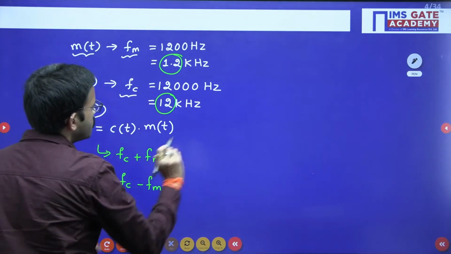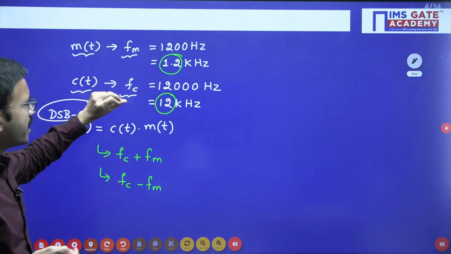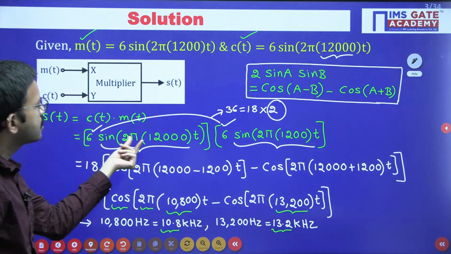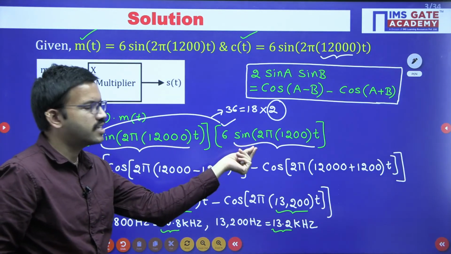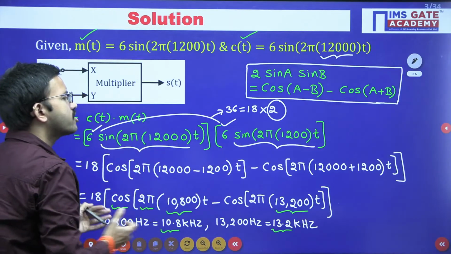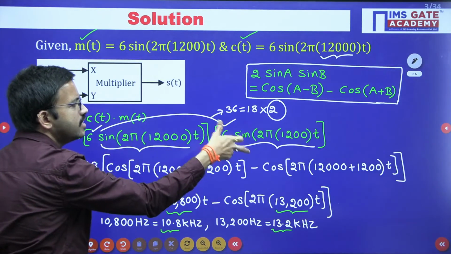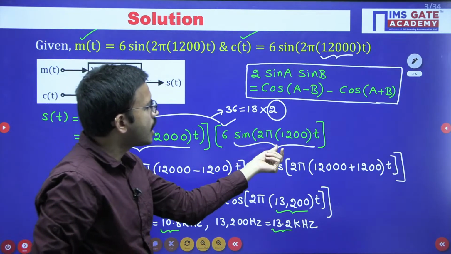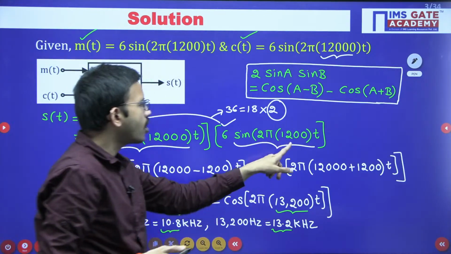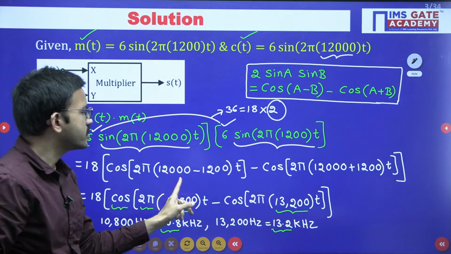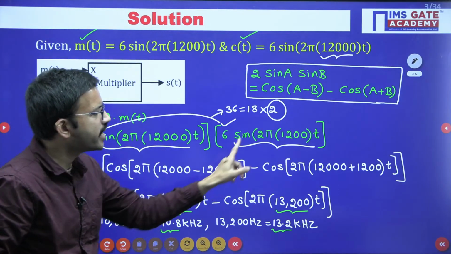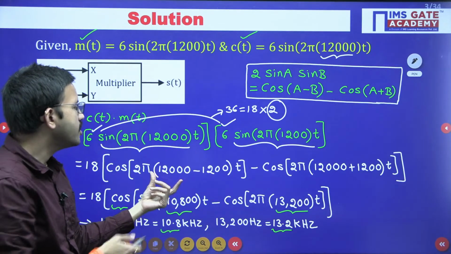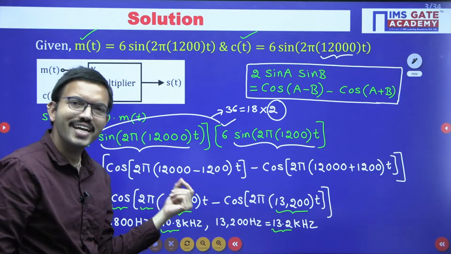So that's why, whenever you are doing the subtraction, if you observe, I have represented the carrier signal first and then the message signal. If instead you considered the message signal first and the carrier signal second, then when you apply this formula, you get the situation 1200 minus 12,000, and the subtraction gives a negative value.